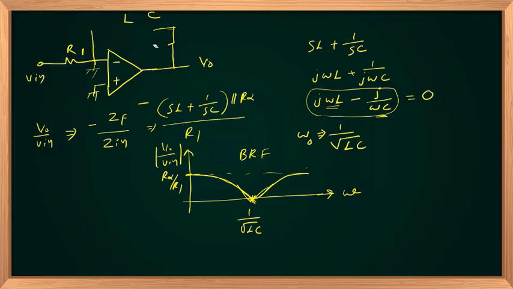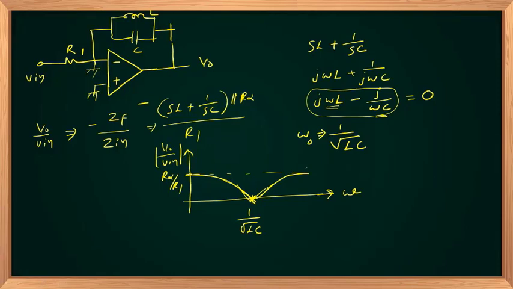If you are placing your inductor and capacitor in parallel, C and L, at omega equal to omega naught, the resonant frequency 1 by root LC, the impedance of the parallel circuit will be maximum.